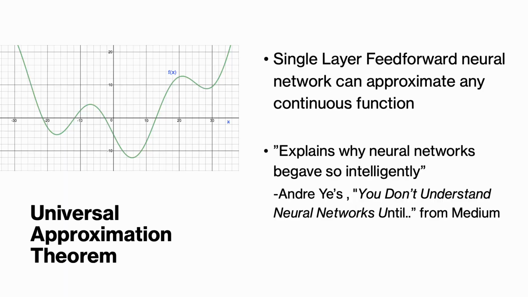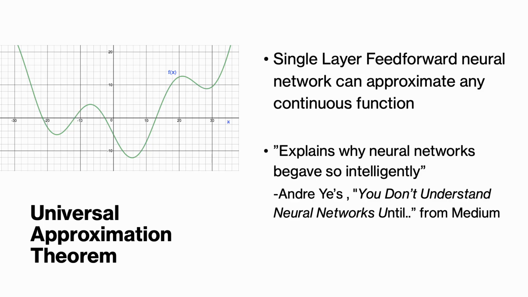Universal approximation theorem, or UAT, is essentially a single layer neural network that can approximate a continuous function. And here we can see, to the left over here, a continuous function that I grabbed from the website.